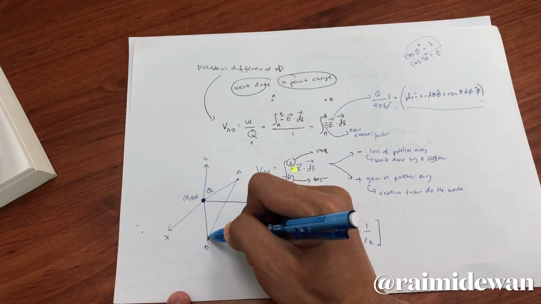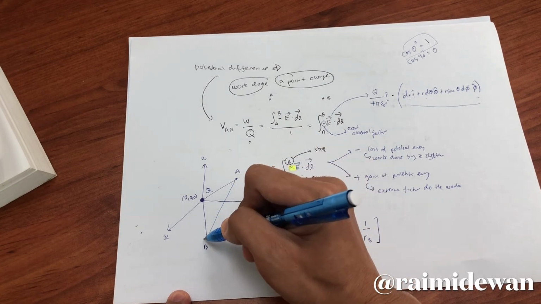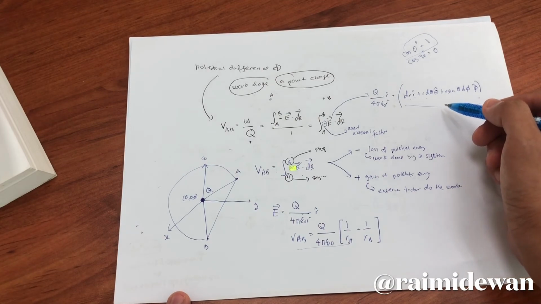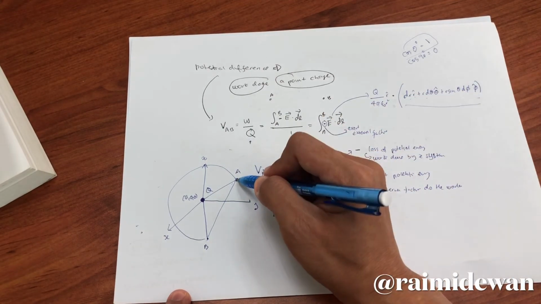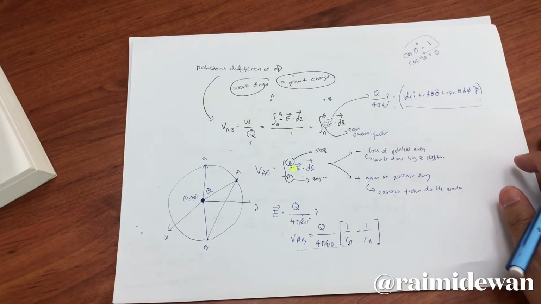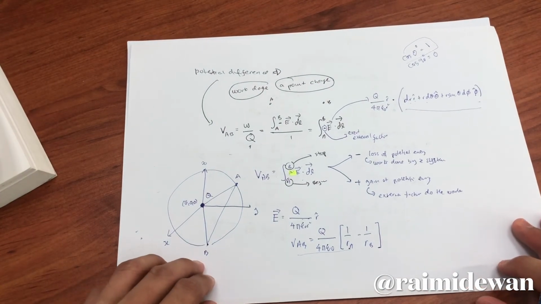You can also move from A to B, for example, from this path, and you can also use this path. So if you notice, it is independent of path.